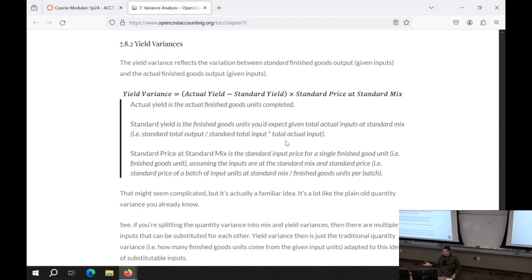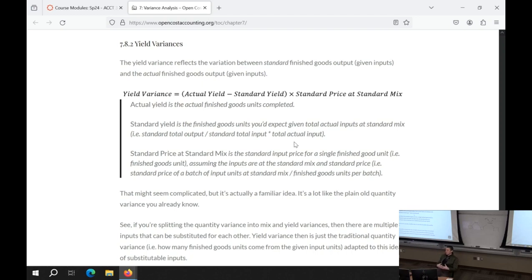So that's 100 pounds of inputs, divided by our expected output, 1,000 bags of finished goods here. So that's 10 to 1, times the total actual input.